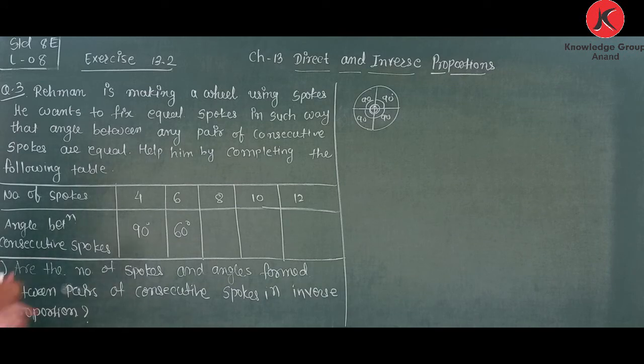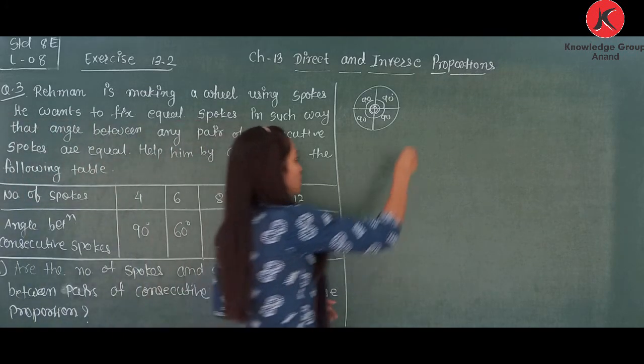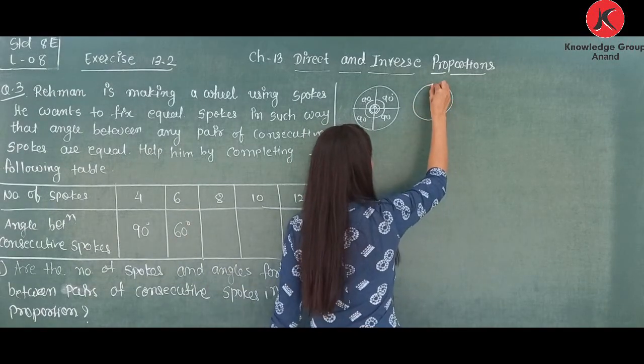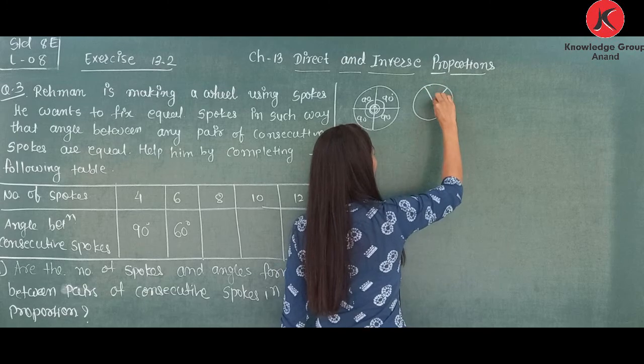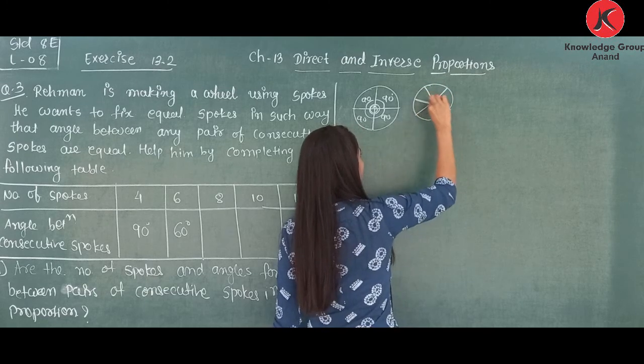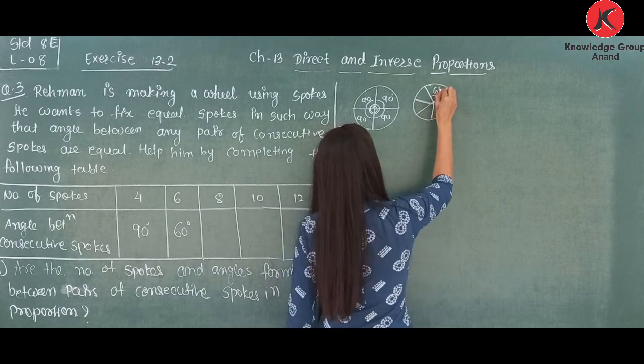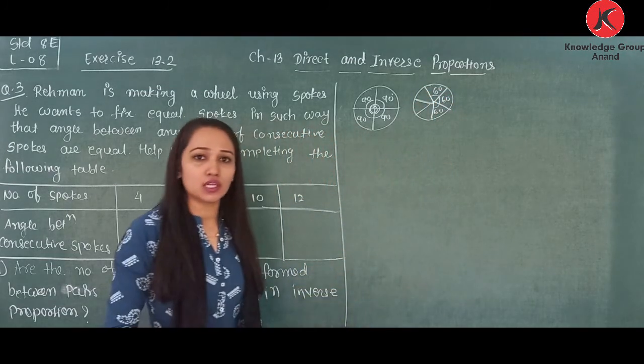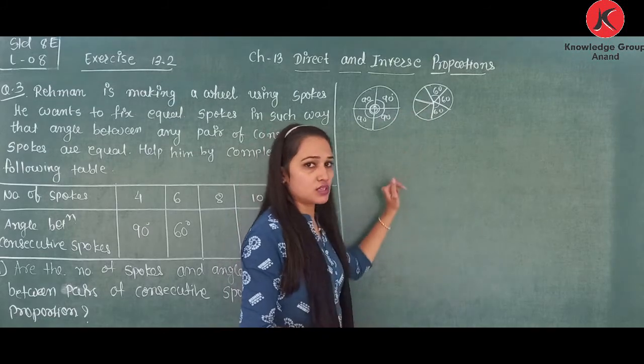So you can see the number of spokes is increasing. Here in the second column it is written that when the number of spokes is 6, so 1, 2, 3, 4, 5 and 6, each angle is 60 degrees. So when the number of spokes is increasing, the angle is decreasing.